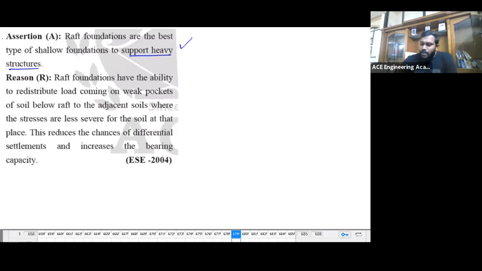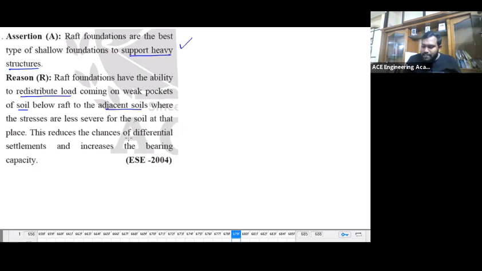Raft foundations have the ability to redistribute the load coming on weak pockets of soil below the raft to the adjacent soils, because in the case of the raft footing, it distributes the soil load in such a way that weak soil gets less load and strong soil gets more load, where the stresses are less severe for the soil at that place.